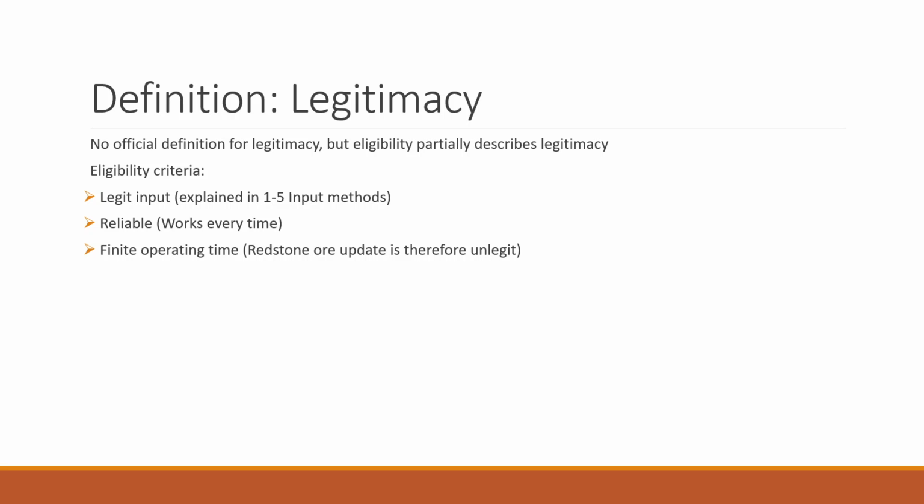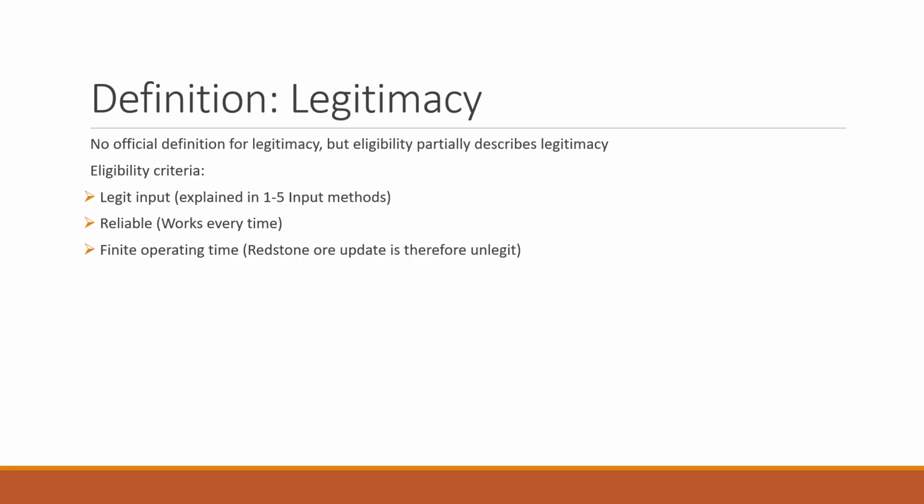It's basically reliant on whether they would be updated, for example, out of luck. This also explains why Redstone ore update is unlegit, because Redstone ore update is random. Although you can calculate a mean time for it, that doesn't mean that it has a finite time. It can be infinite, although the probability would go to 0 if you learn more about probability.